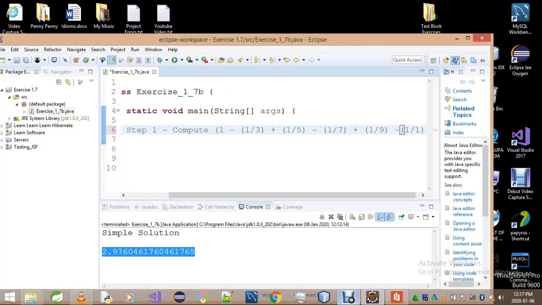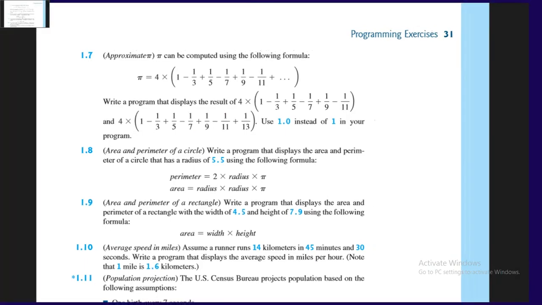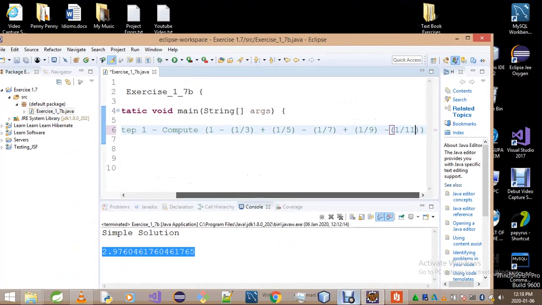Let's check if I wrote that down the way I'm supposed to. Sure, I did. This is the very first thing we have got to do.